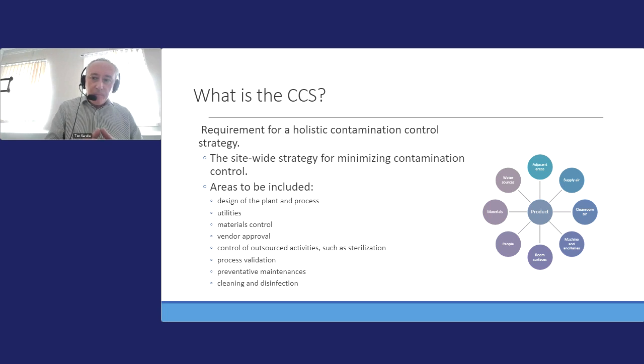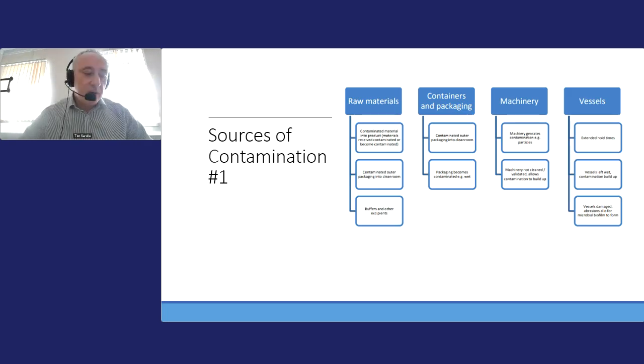A well-designed contamination control strategy will also consider the different sources of contamination, and this will allow us to build in the appropriate measures to assess hazards and to ensure that we appropriately evaluate the risks these hazards present to our products and to our processes.